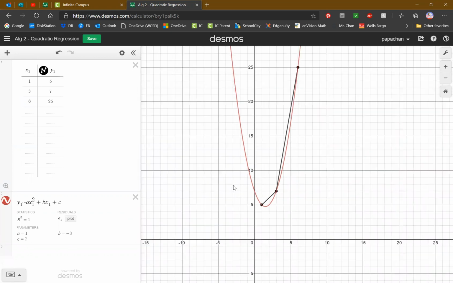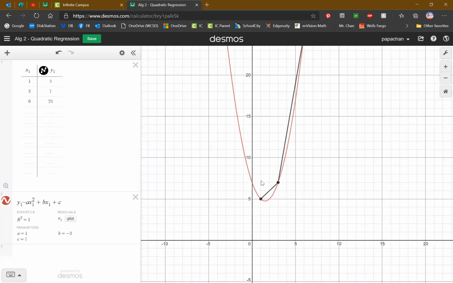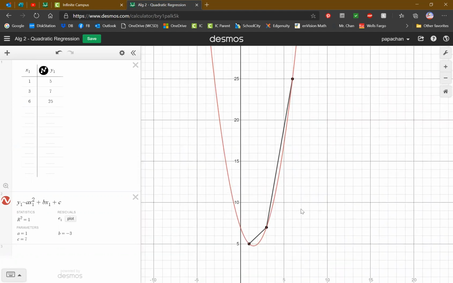It is building a parabola based off of those 3 points. It's really neat. And the equation down here is, and you can see the answers right here, 1x squared minus 3x plus 7. And that's the graph. Really cool. Let's copy that back over to the other side on our notes.